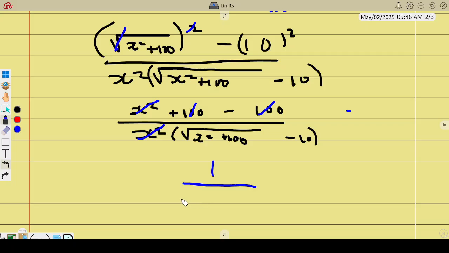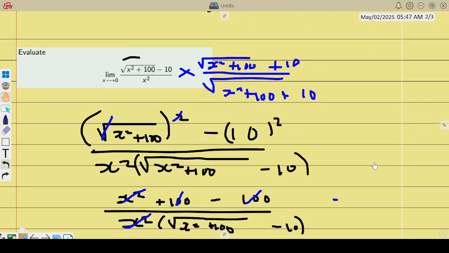Over root. So even this has gone. So 1 over square root of x squared plus 100 minus 10. Yeah, and then what are we going to get? Oh, and is everything okay here?